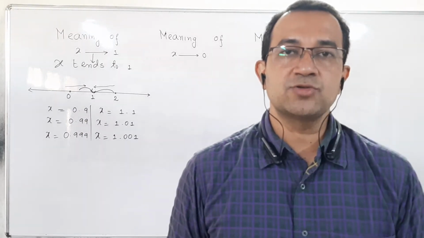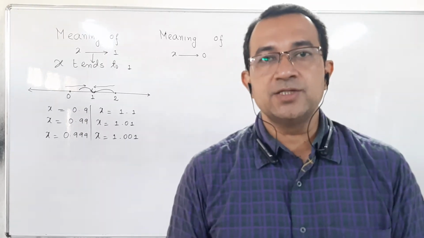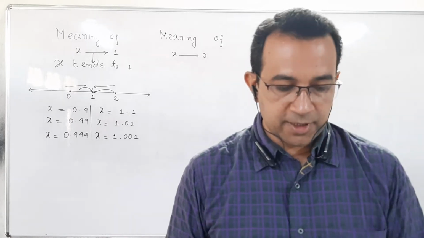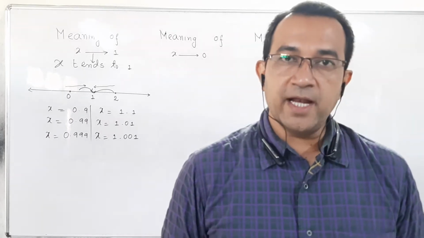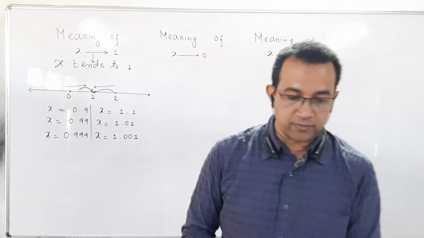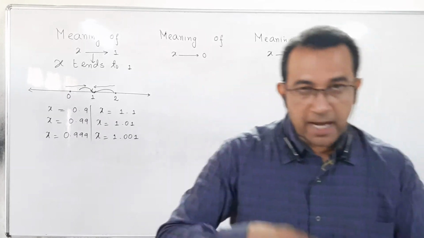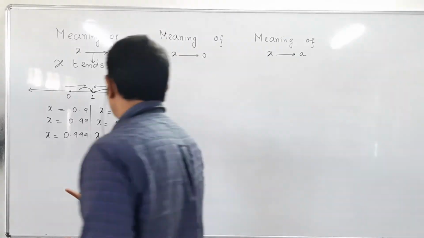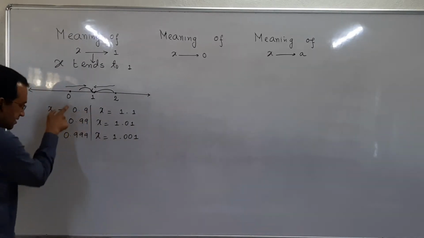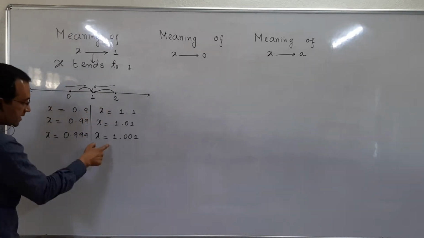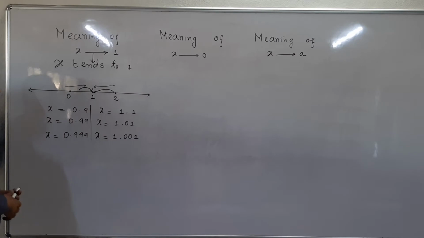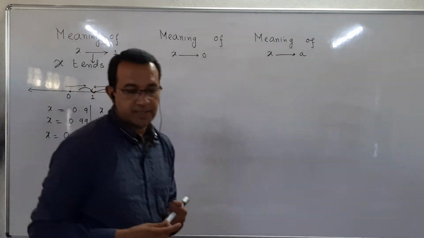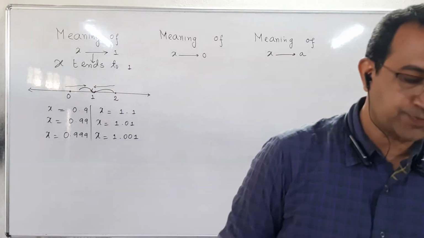I repeat, according to textbook, if the value of variable x is brought very close to 1 by increasing from left hand side or by decreasing, then we say that x tends to 1.